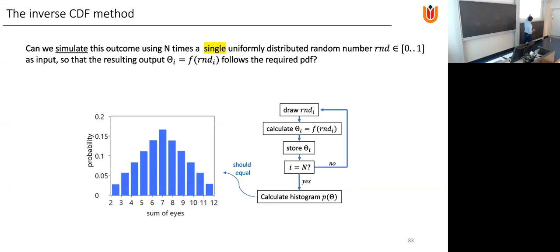So I would calculate the random number, and I would manipulate that with a function that transforms the uniform random number into some random value of theta, store theta, and repeat this process. After that I will make a histogram of the thetas that I generate, and then it should match this input histogram. That is the goal.